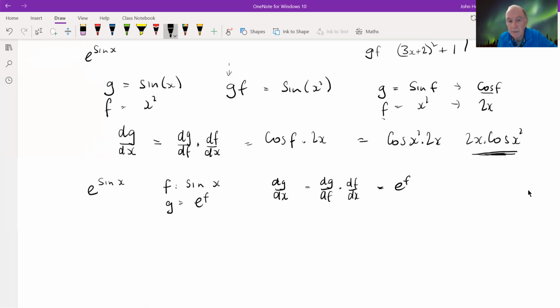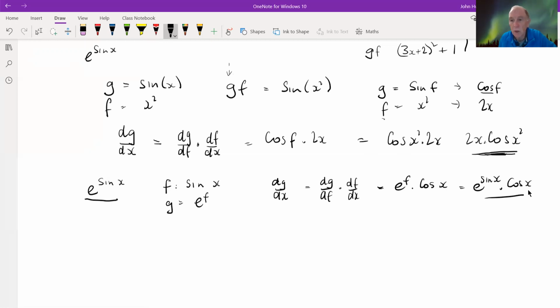So that's going to be e to the power of f, and then df/dx is cosine of x. But what is f? f is sine of x, so we've basically got e to the power of sine x times cosine of x. And that is the derivative of that.